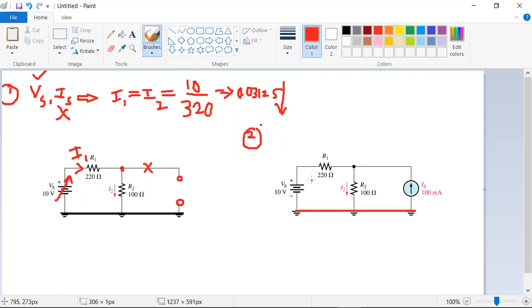In these two sources, one is Vs, another one is Is. I'm going to consider only one active source.